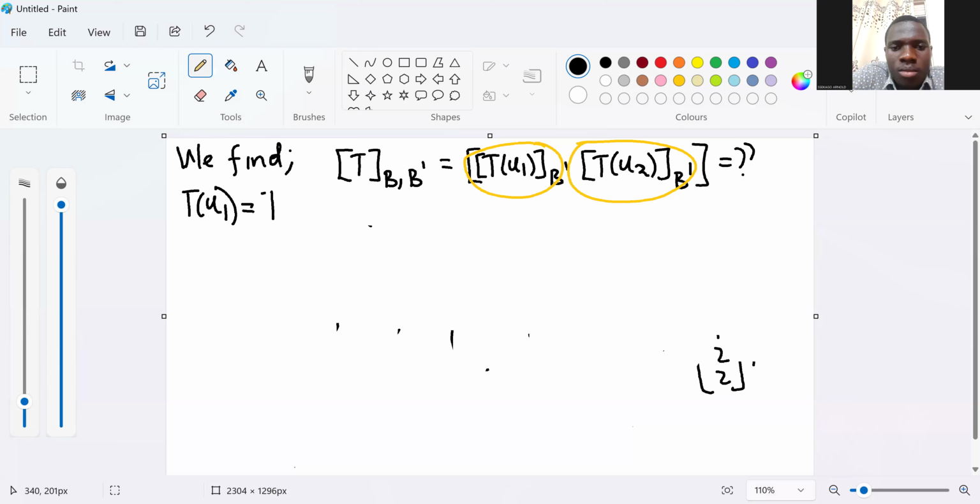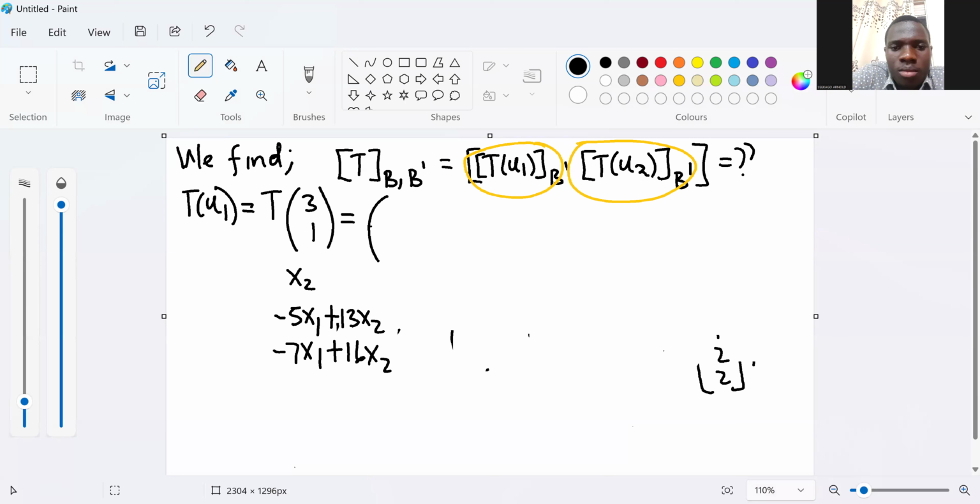TU1 is equal to T of U1. What is U1? U1 is (3, 1). Now you substitute in your T. Look at our T. Our T starts with x2, according to the way it is defined: x2, -5x1 + 13x2, -7x1 + 16x2.